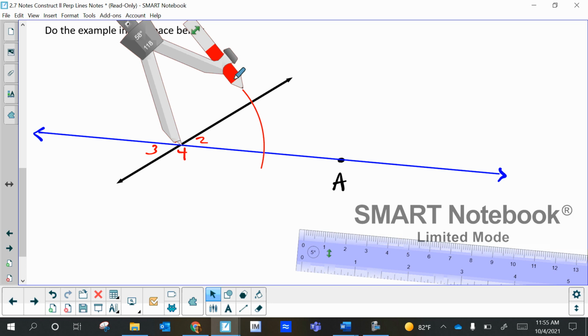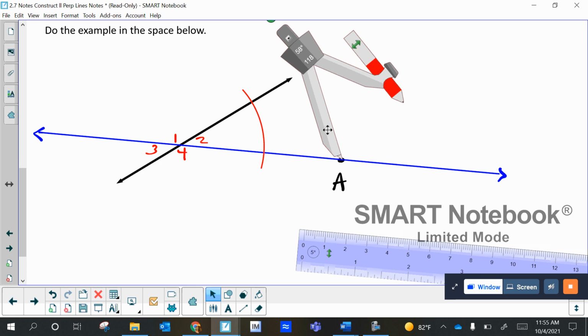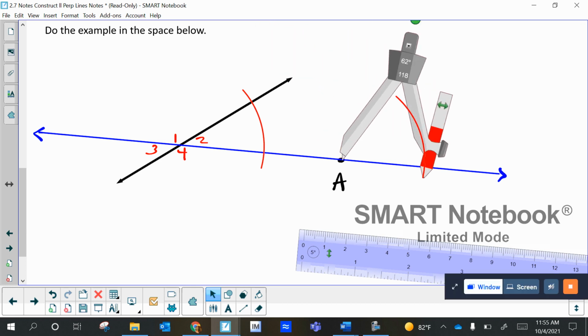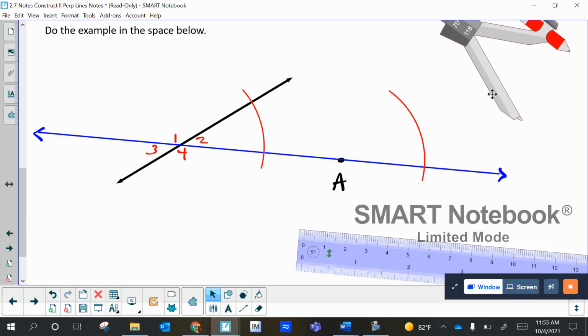Anybody remember the next step? What do you do next? Exactly. You want to pretty much do it exactly the way you have the other one. And this one you want to make a little bit longer just to be on the safe side. So do you see how they're in the same corresponding position?